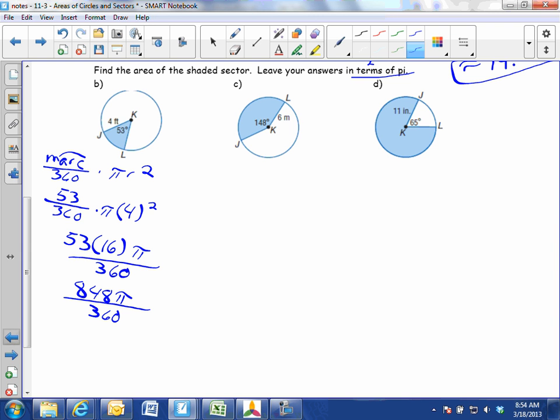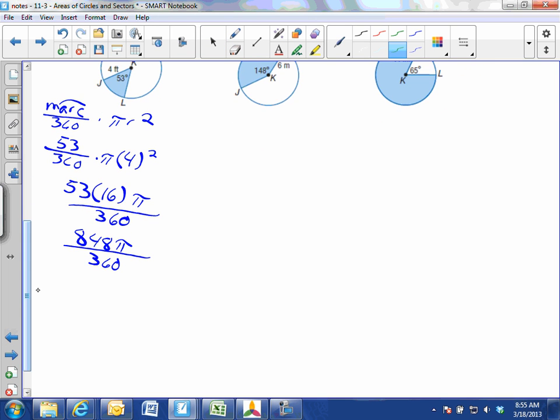I know we can at least divide by 2, or divide by 4, maybe more than that. Oh, we can divide by 8. The top one divided by 8 will be 106, and 360 divided by 8 is 45.